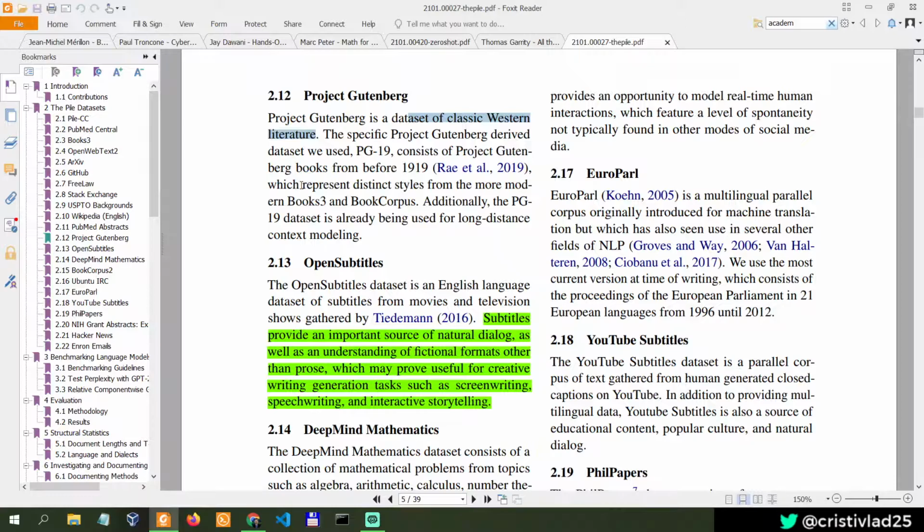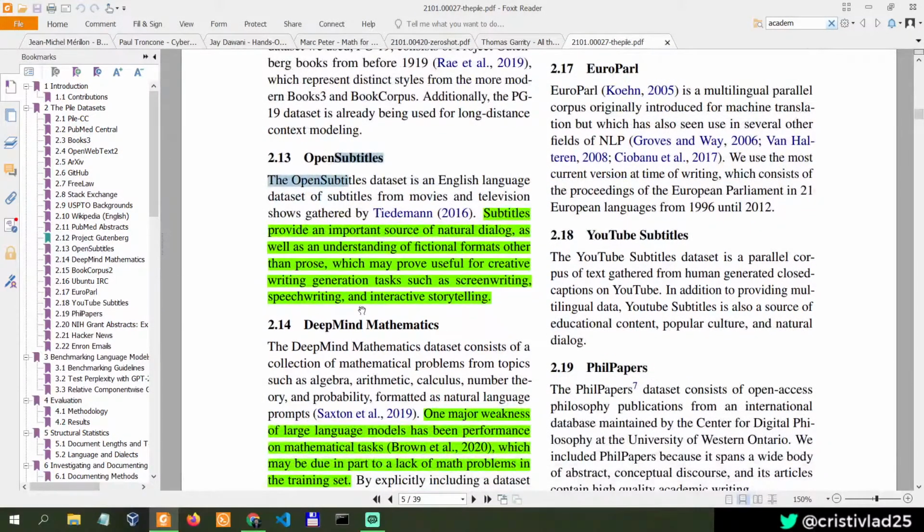But I think they also have the BookCorpus and Books3. Then you have OpenSubtitles, and I think this is good for dialogue, as they say here, provide an important source of natural dialogue, as well as understanding of fictional formats other than prose, which may prove useful for creative writing generation tasks.